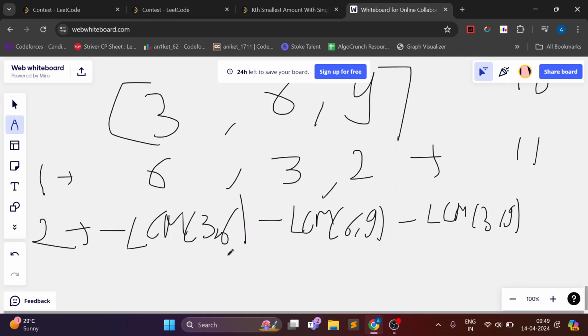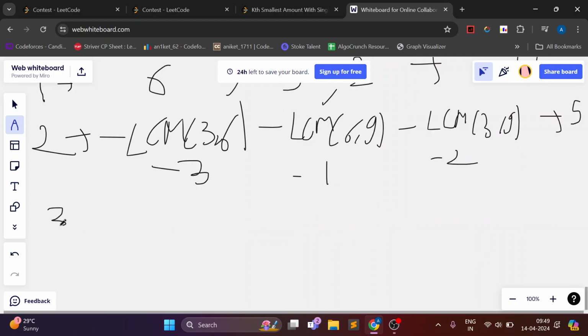The LCM of 3 and 6 is 6, and multiples of 6 in 18 are 3. So I have to subtract 3. The LCM of 6 and 9 is, I think, 18. I have to subtract 1. And the LCM of 3 and 9 is 9. Multiples of 9 in 18 are 2. So I subtracted this. Now what did I get? I got the answer as 5.